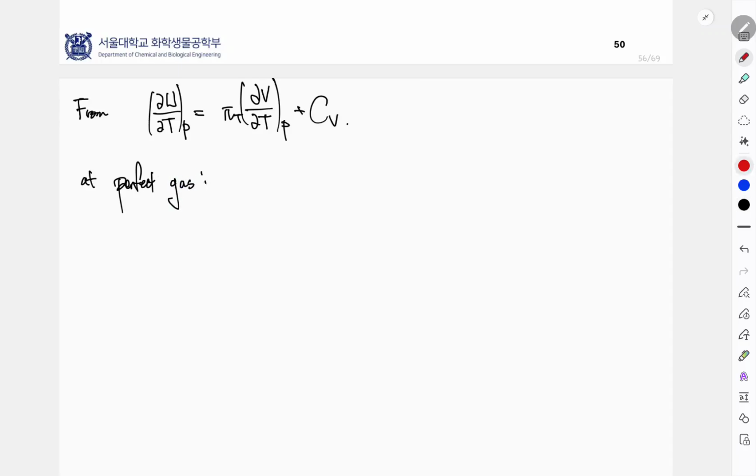So if we subtract this capacity here, and Cp, as you remember, was the enthalpy change with the temperature change at constant pressure, and then this CV, we are going to use this notation here.